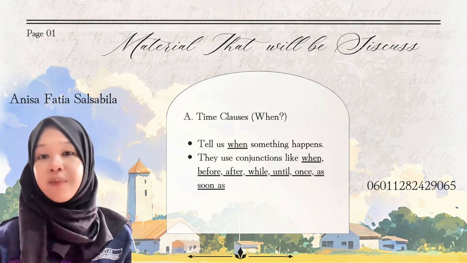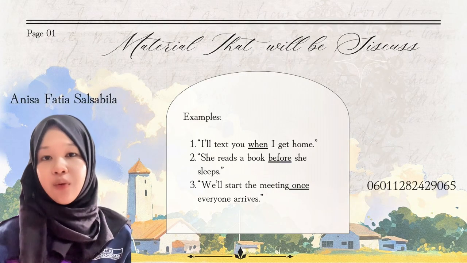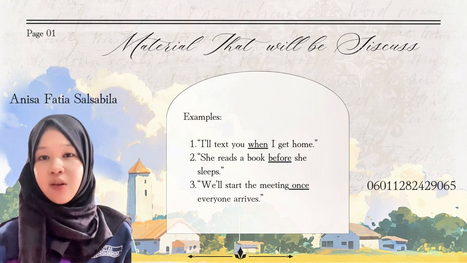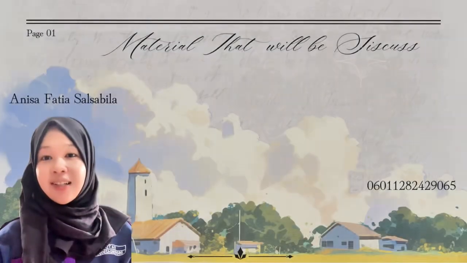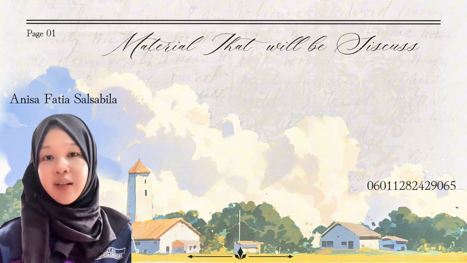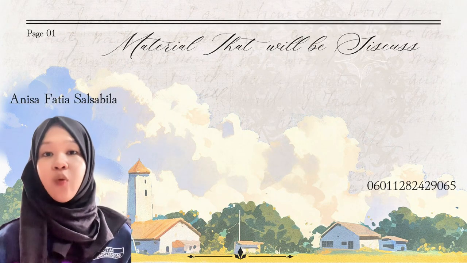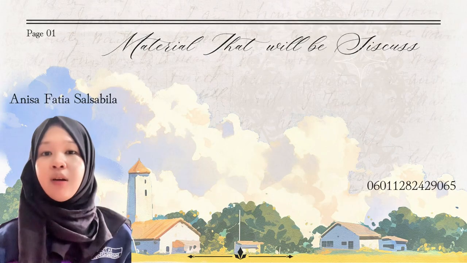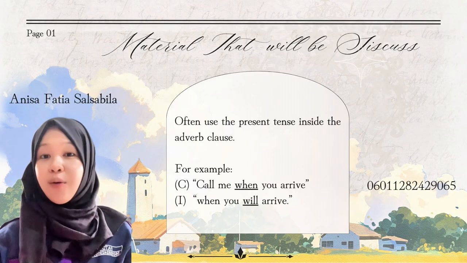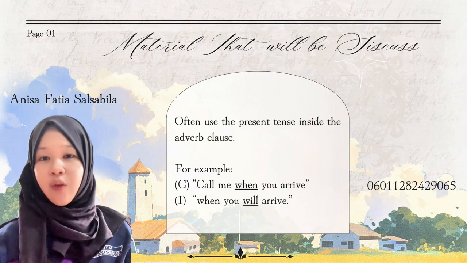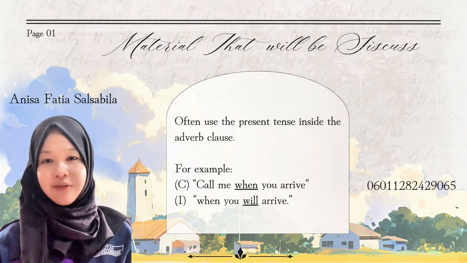For example, I'll text you when I get home. She reads a book before she sleeps. We'll start the meeting once everyone arrives. Well, time clauses are very common in daily conversation. One interesting thing is that even when referring to the future, we often use the present tense inside the adverb clause. For example, call me when you arrive, not call me when you will arrive.